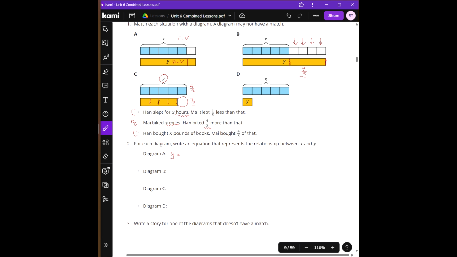So what we're doing is we're looking at this. How much more? It's going to be this right here. X is 1, 2, 3, 4, 5, 6. But we don't have 6, right? We only have 5/6.